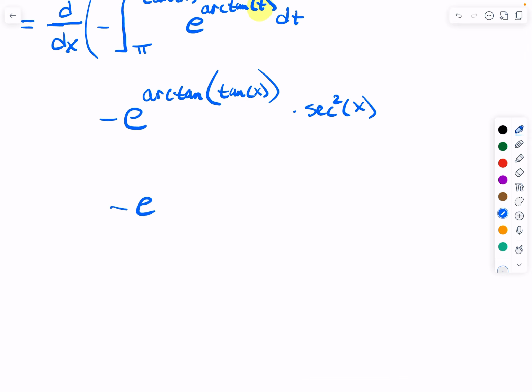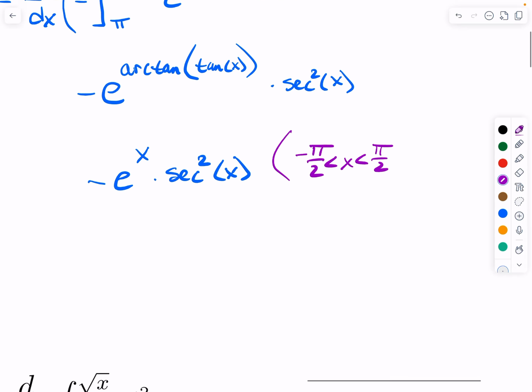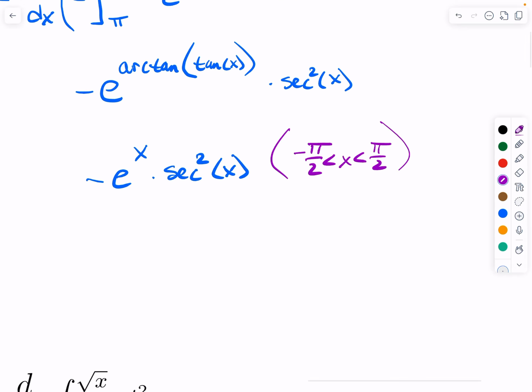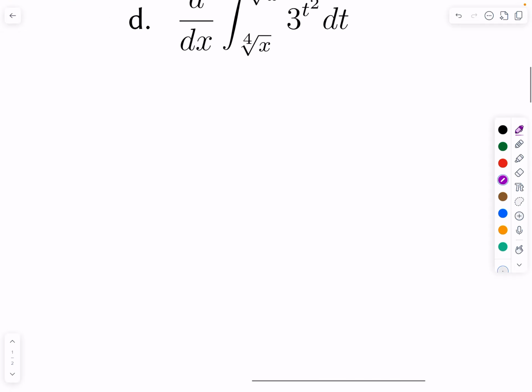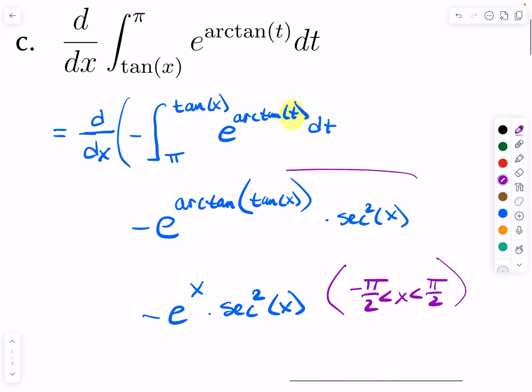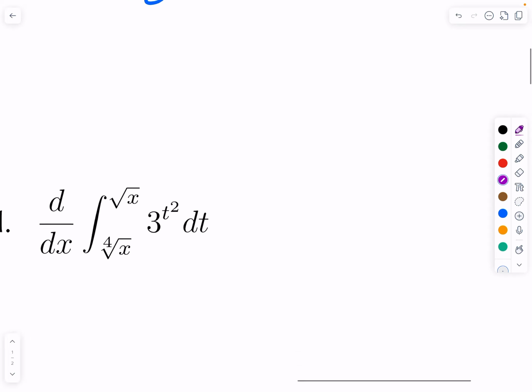I'll just put in parentheses here that x is between pi over 2 and negative pi over 2, which is the range of the arctangent. So if x is not in this range, then it's a little bit more complicated than that, but that'll do. If this was an exam, you would just write this down and be happy.